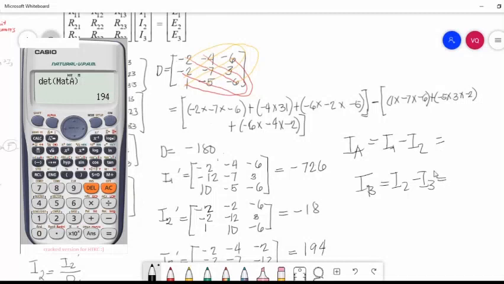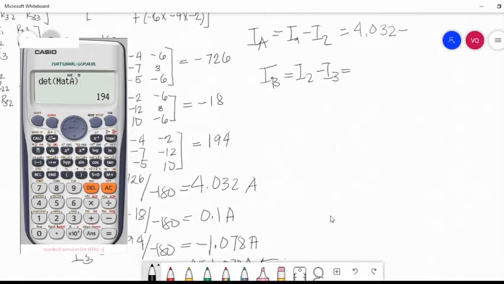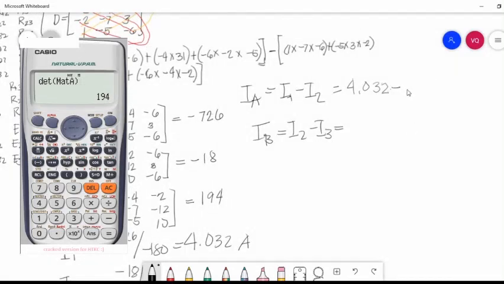So that is equal to 4.032 minus I2, which is 0.1. 4.032 minus 0.1 is 3.932.